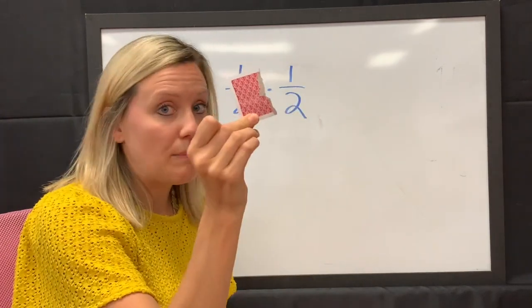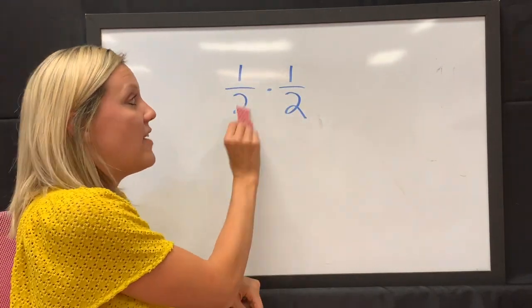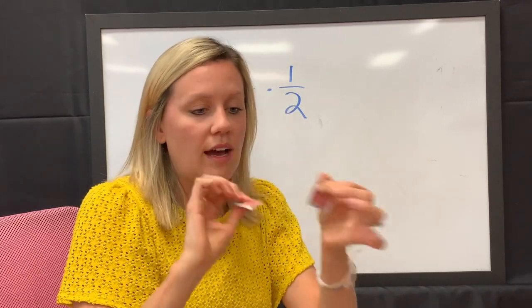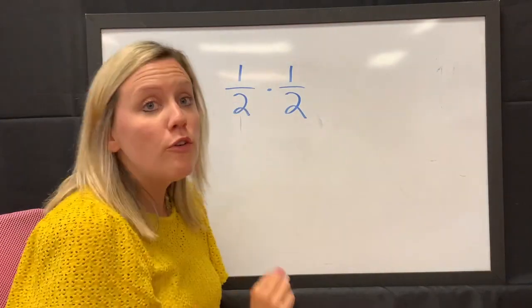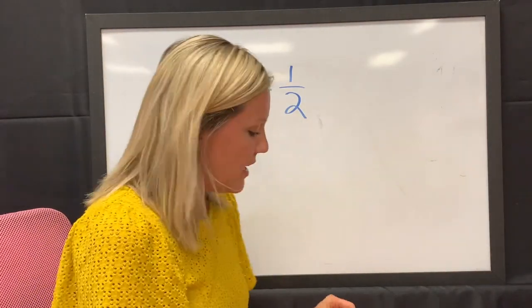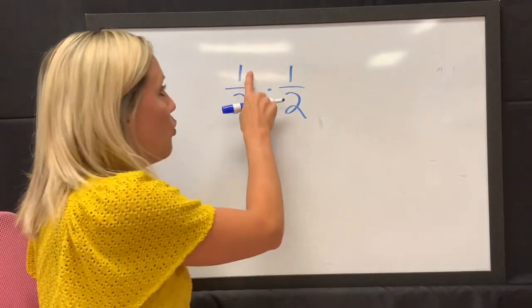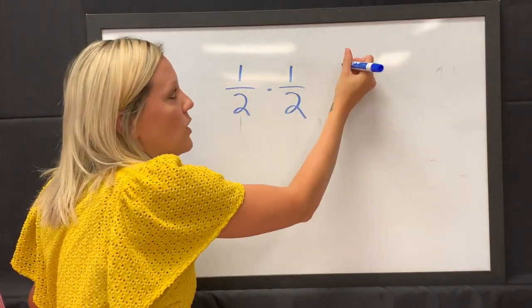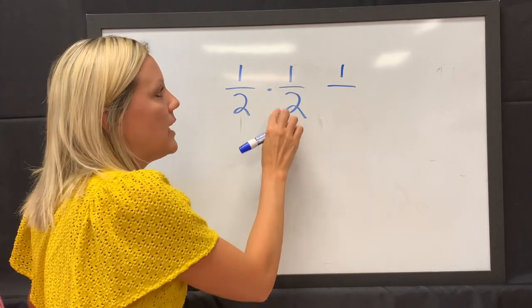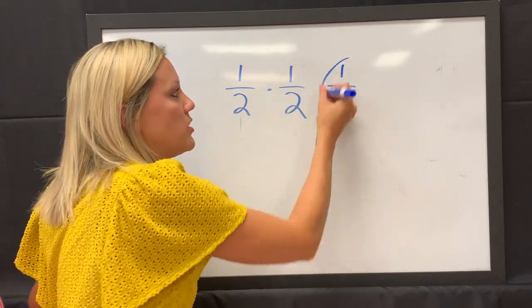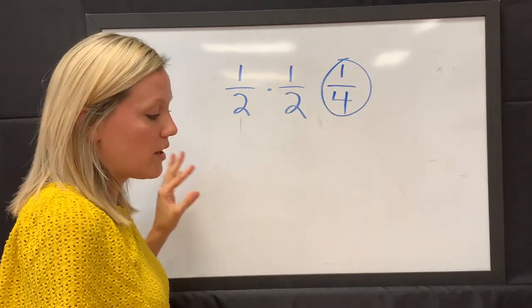So this is going to represent this right here. And then if we want to know what 1/2 of this is, I'd rip it again and we would get a 4th. So 1/2 of 1/2 is 1/4. And the algorithm says you can just multiply straight across. 1 times 1 is 1. 2 times 2 is 4. So the answer is 1/4.